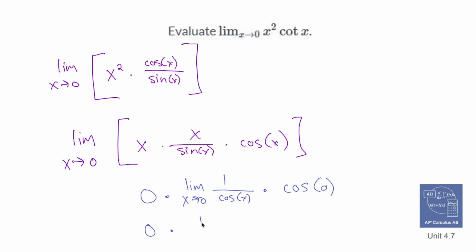But if I were to plug in 0, I would get 1 over cos 0, and cos 0 happens to be 1. So you become 1 over 1, which is 1, times 1, and 0 times 1 times 1 is 0. So after all of that, we get 0.